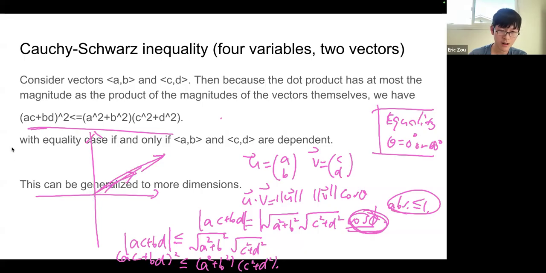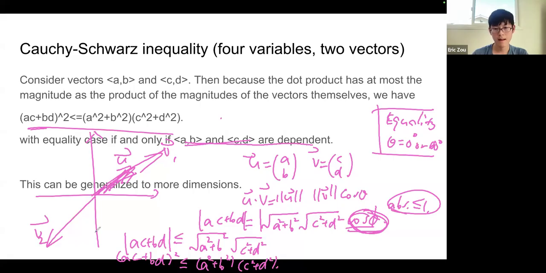If they are in opposite directions, they have 180 degrees. So either like that or like that. These are equality cases.